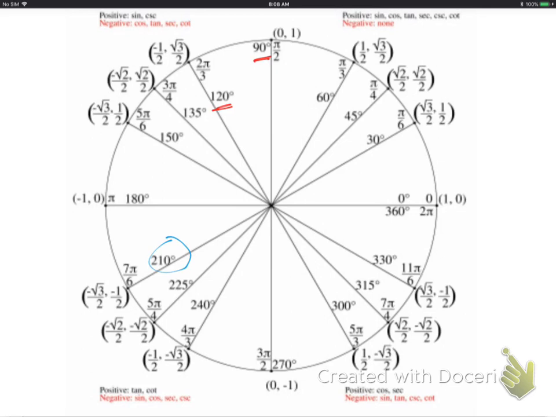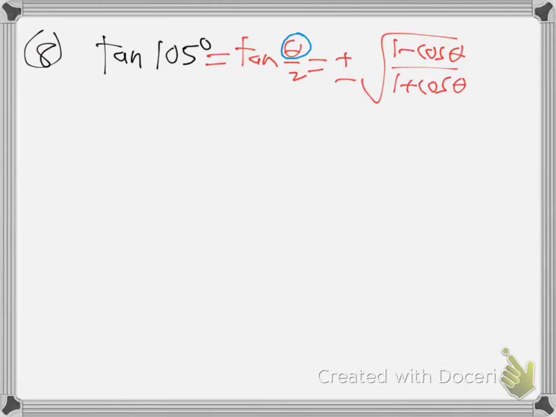So I'll use the information, the cosine and the sine for 210 and some other stuff to figure this out. So let theta be 210 degrees. Theta is 210, which means this is 210, and that is 210.